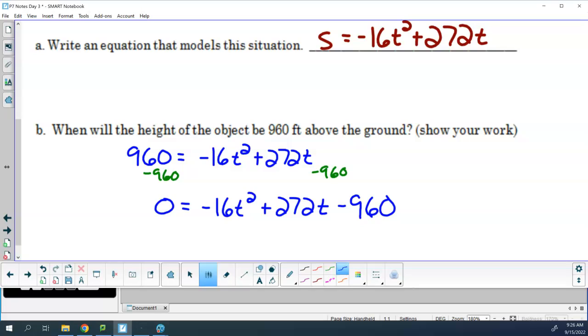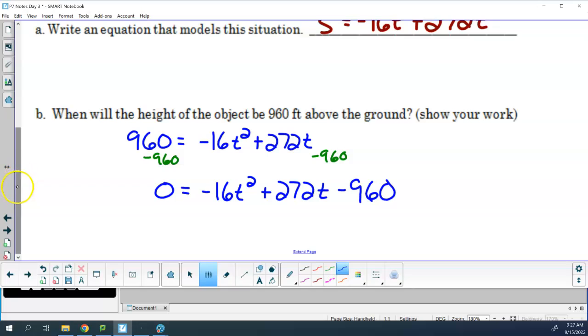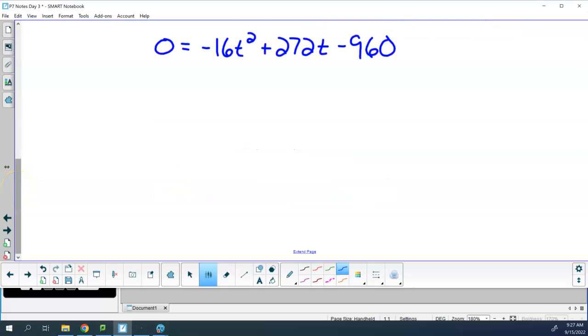Okay. So instead of dividing by 16, I'm going to divide by negative 16 because then that gets me a positive squared value.